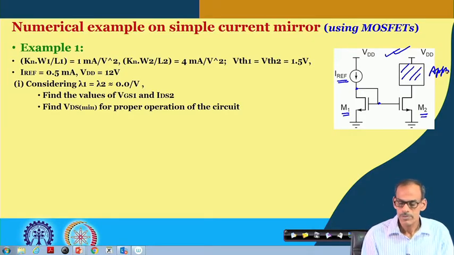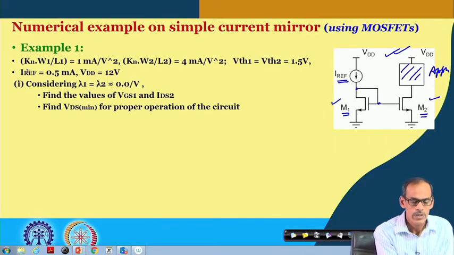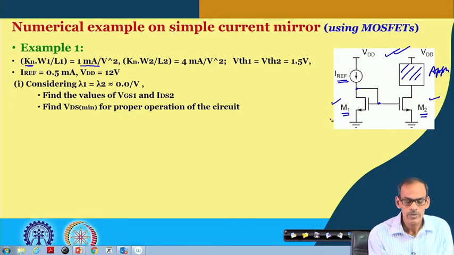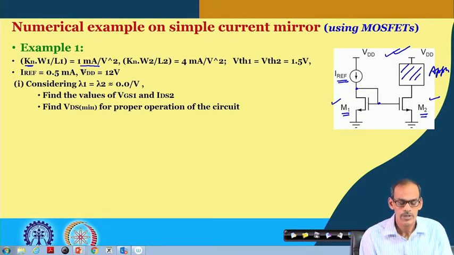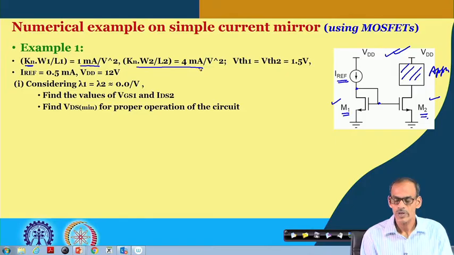In this example, the W by L of transistor 1 and transistor 2, along with the K factor, are given. For transistor 1 we have 1 milliampere per volt square, and for transistor 2 we have 4 milliampere per volt square.